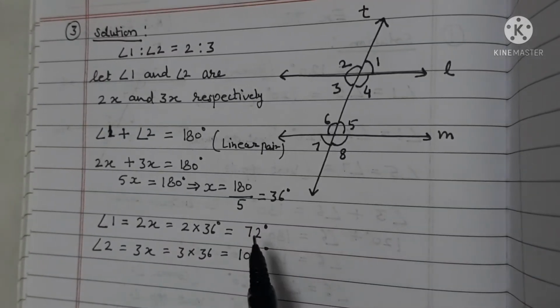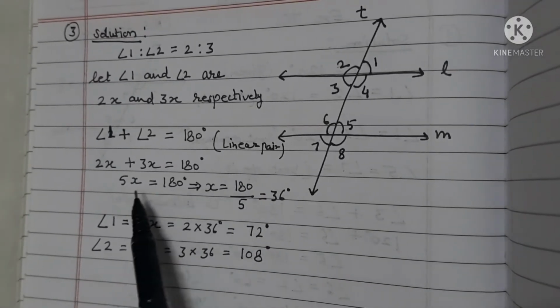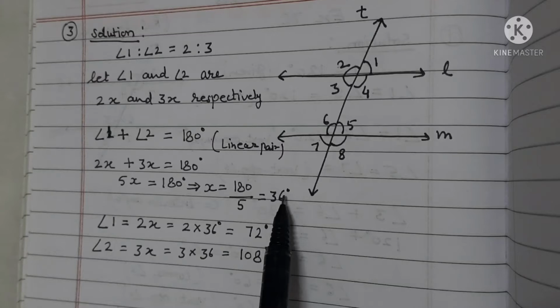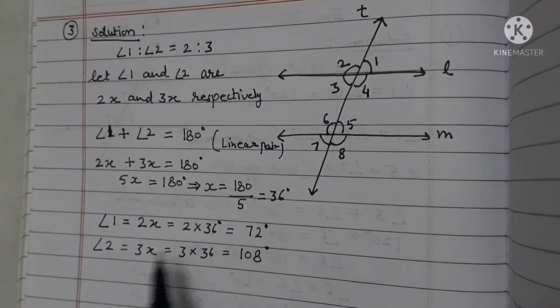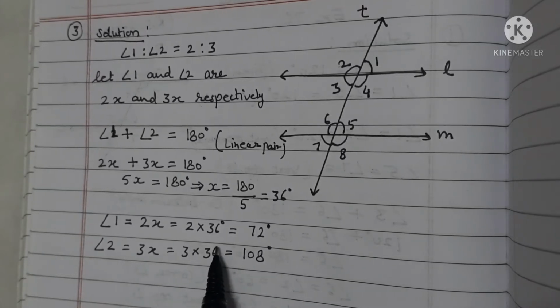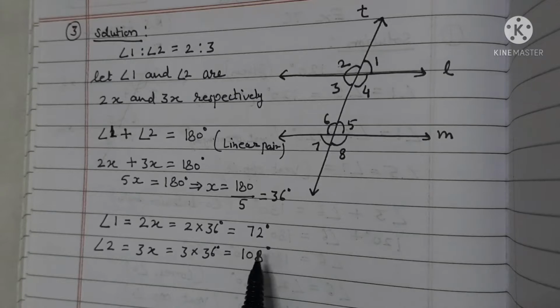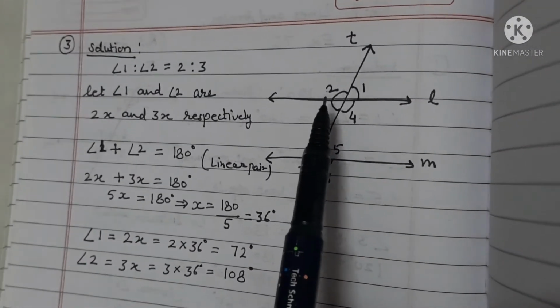Now you get the value of x in this way, which I have explained. x is equal to 36 degree, angle 1 is equal to 2x, 2 into 36 is 72 degree, and angle 2 is equal to 3x, means 3 into 36 degree is equal to 108 degree. So you will get angle 1 and angle 2.